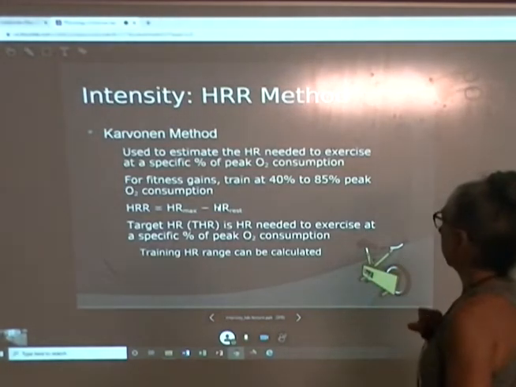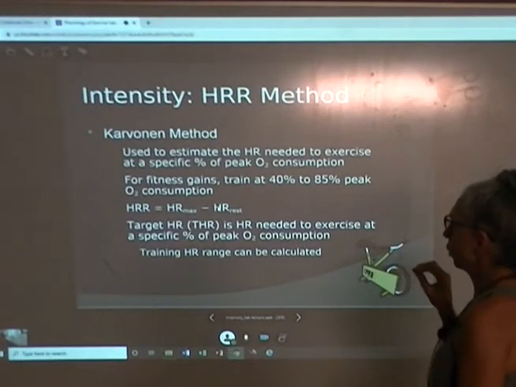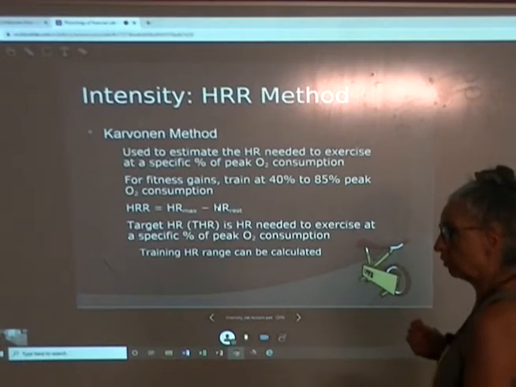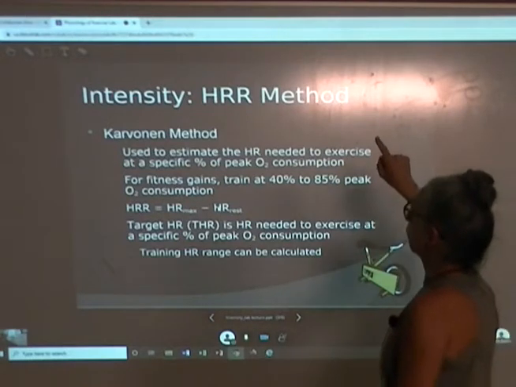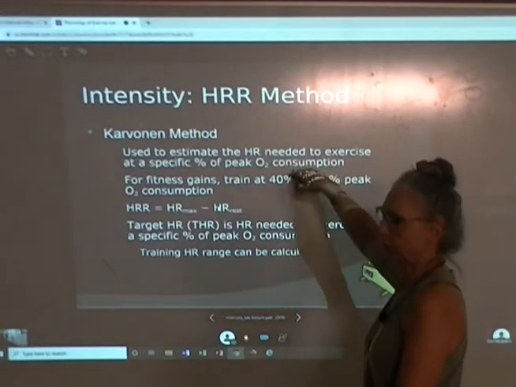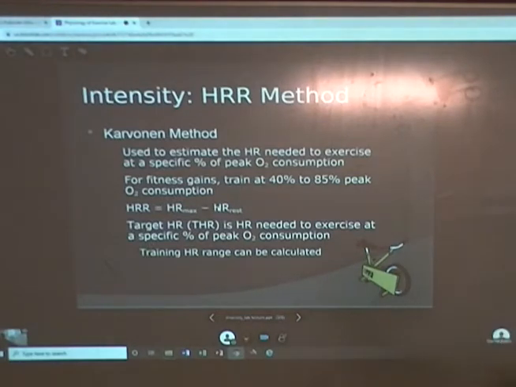So the heart rate reserve is your heart rate max minus your heart rate at rest, and then you use a percentage of that heart rate reserve to estimate percentage of VO2 max. So you can organize a target heart rate, you can organize a training heart rate range.